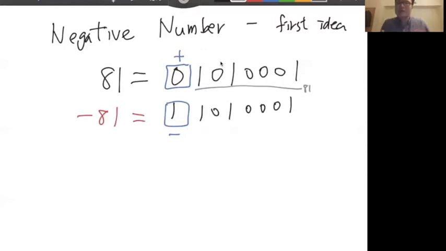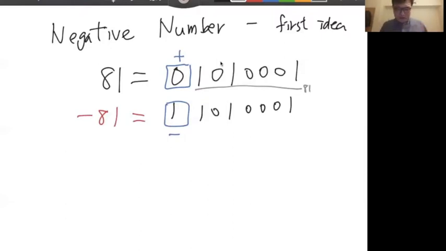Otherwise, I just do the addition. That does not make much sense when we do a computation. We want to get two numbers and just do the addition. We don't want to compare a particular digit to see if we want to do a subtraction or addition, right? So this is not bad, but this is not fantastic.